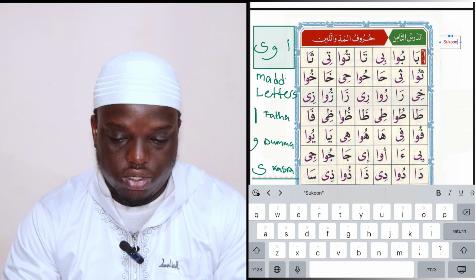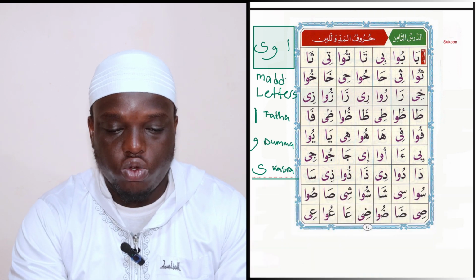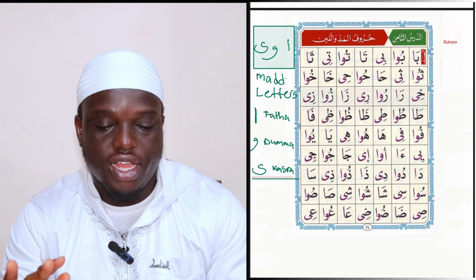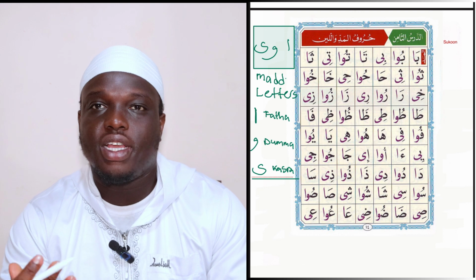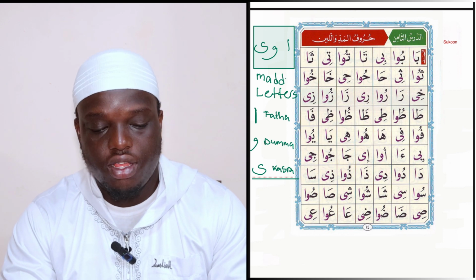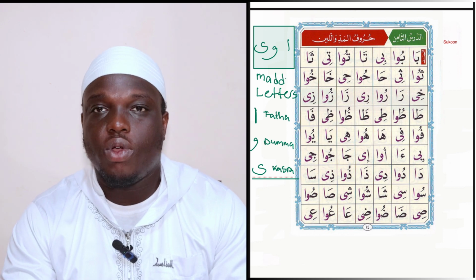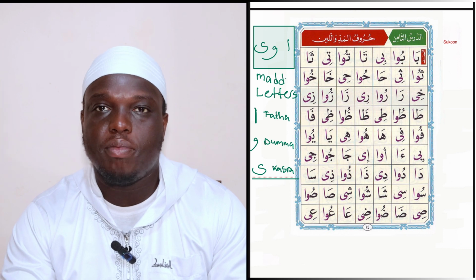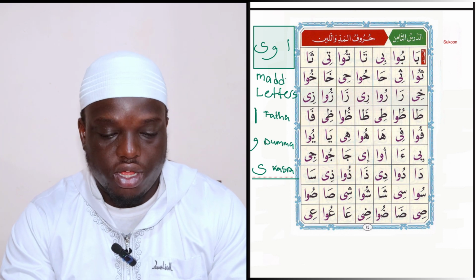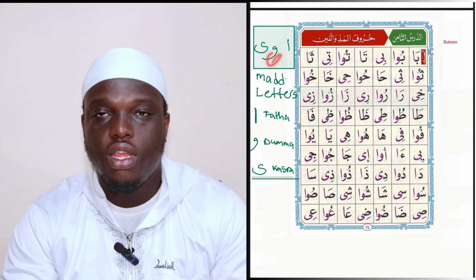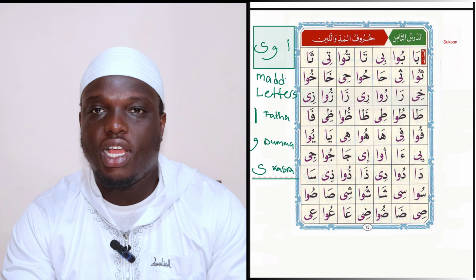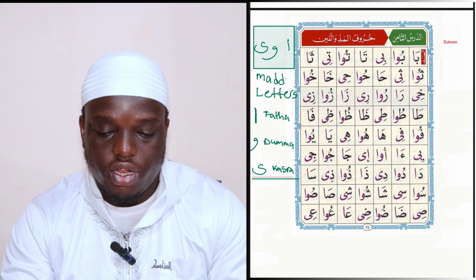Sukun just means silently placed. It's called sukoon because it has no haraka. Remember we said whenever we have the alif with no haraka, that's when we know we're applying mud. Whenever we see the waw with no haraka, that's when we know we're applying mud and making the sound long.